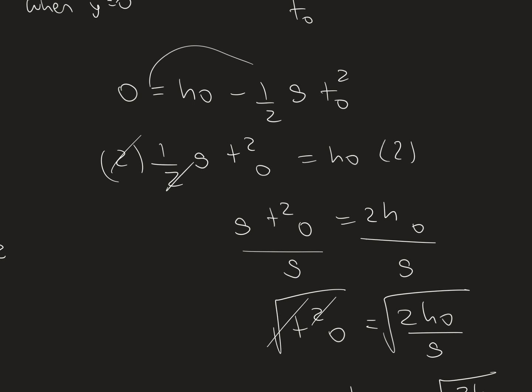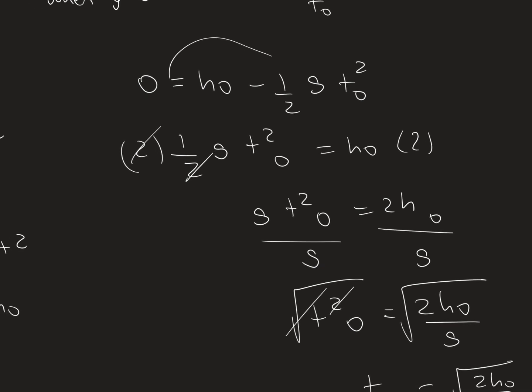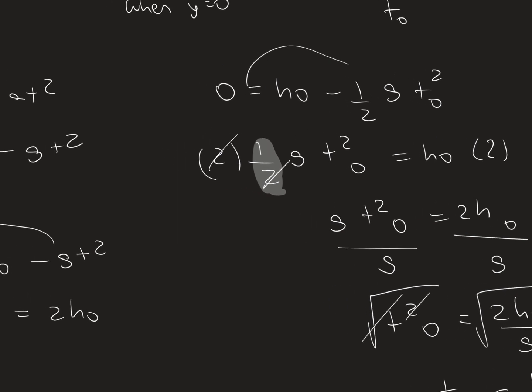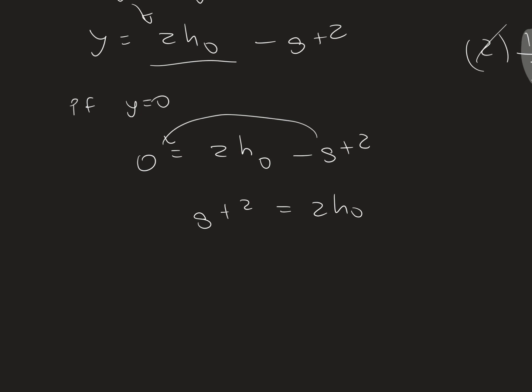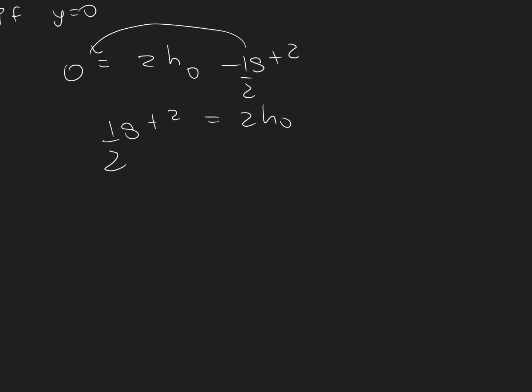Sorry, I forgot the 1/2 right here. The g t squared, there was a 1/2 in front, the coefficient. So it was negative 1/2. Now it's positive 1/2. So to solve for t, we multiply both sides by 2, cancel, cancel.